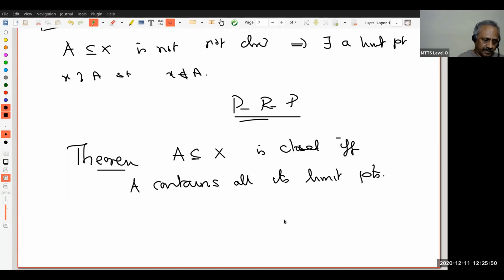Remember, now we have two equivalent definitions of a closed set. One is A is closed if the complement of A is open. Now this one is somewhat intrinsic. What does it say? It says A is closed if and only if whenever x is a limit point of A, x must be in A.